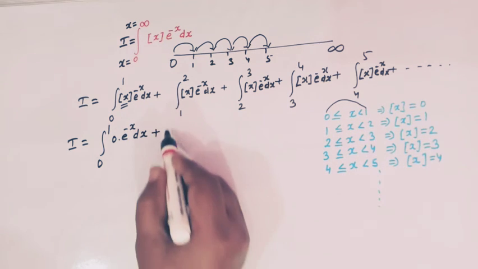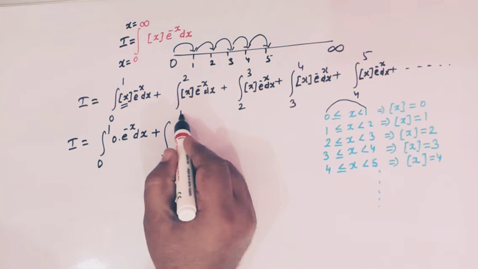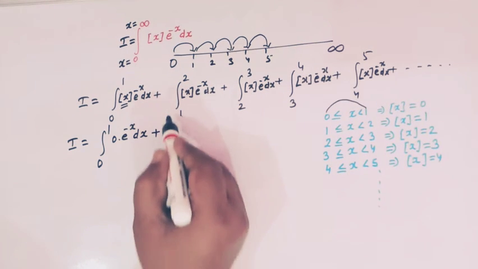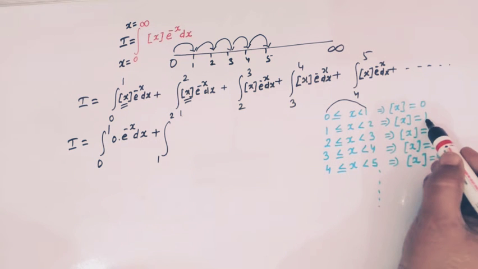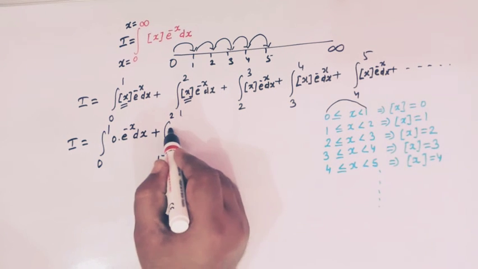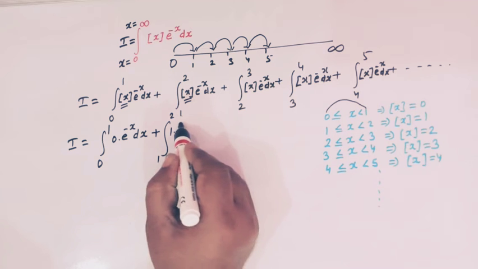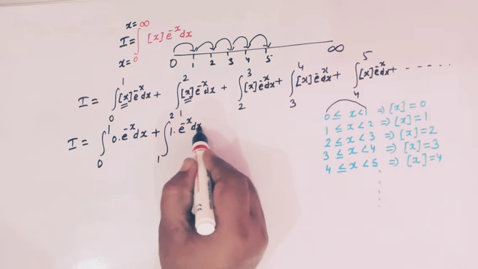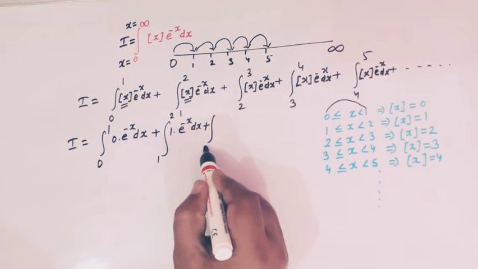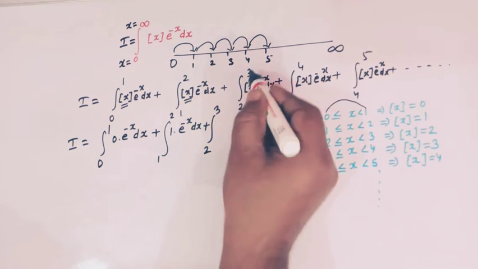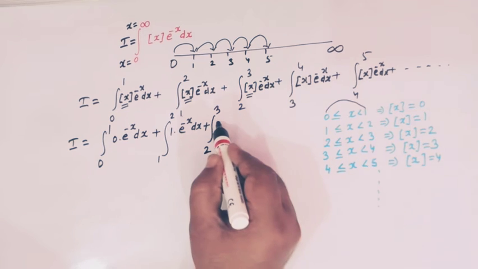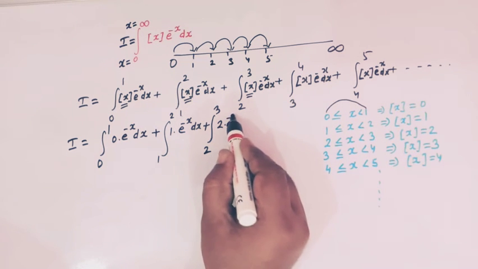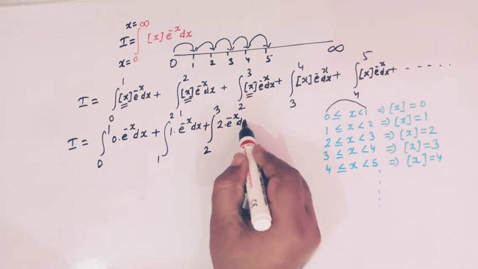Similarly, when x lies between 1 and 2, the value of greatest integer x is equal to 1, so here we'll have 1 times e raised to minus x dx. Similarly, when we have the integral from 2 to 3, the value of greatest integer x is equal to 2, and here we have e raised to minus x dx.